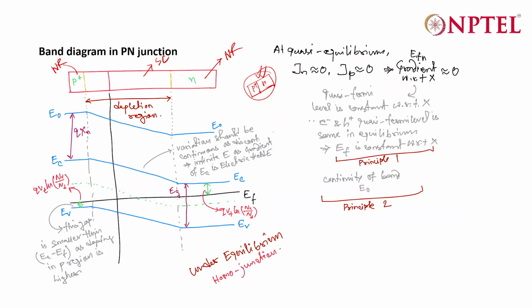Then you have a constant Fermi level throughout the device. And we also know under equilibrium, the quasi-Fermi level for both electrons and holes are the same. So, both the Fermi levels are actually EF. They are not different in case of equilibrium condition. So, you can draw the conduction band in the neutral region as a straight line parallel to the EF, that is Fermi level.